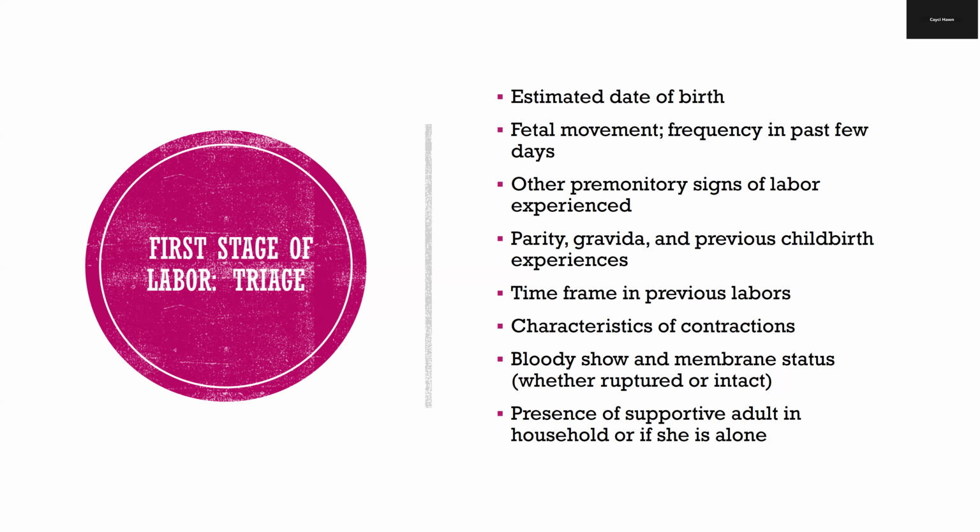We're going to get their estimated due date or date of birth for the fetus, check on fetal movement and how often they're feeling it in the past few days, check for any premonitory signs of labor they're experiencing. We need to know their parity, gravida, previous childbirth experiences, time frame of previous labors, what's the characteristics of their contractions. Lay a hand on that abdomen and palpate so you can tell the strength of it.